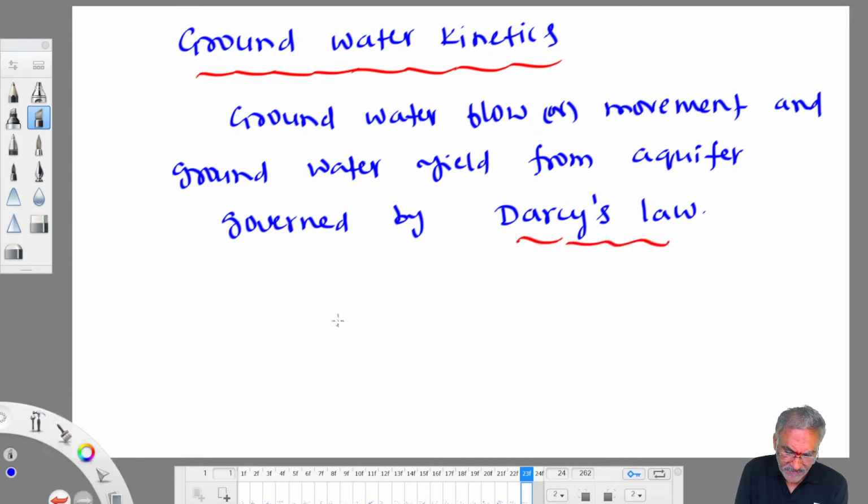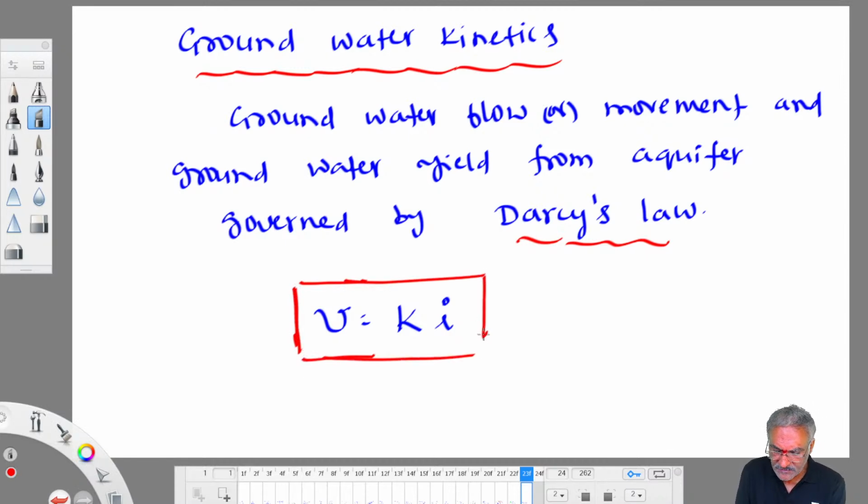What is Darcy's law? V is equal to K into I. This is called Darcy's law or Darcy's equation.